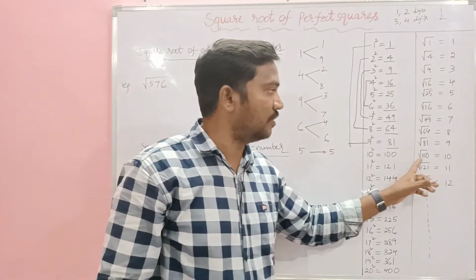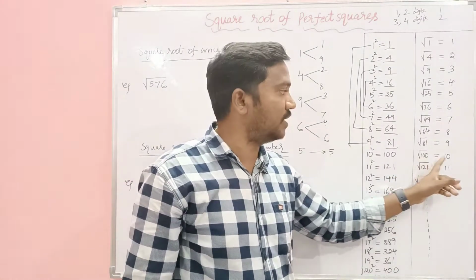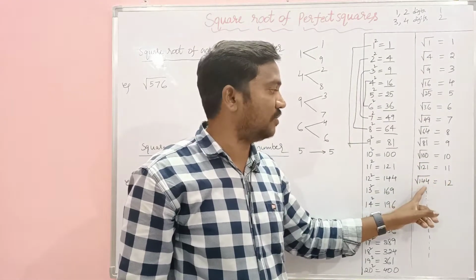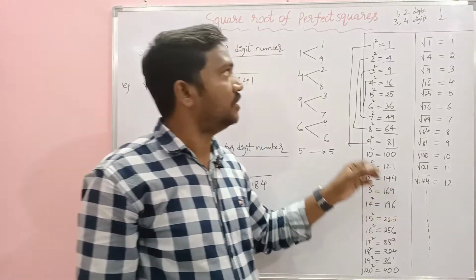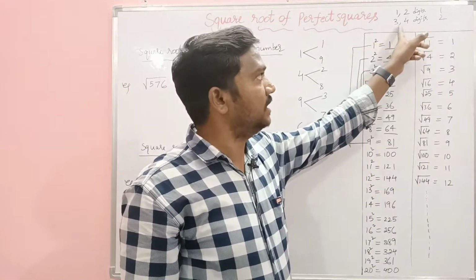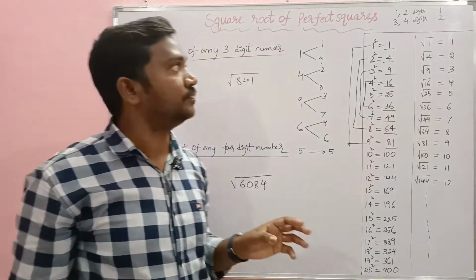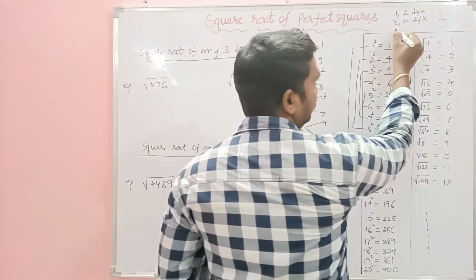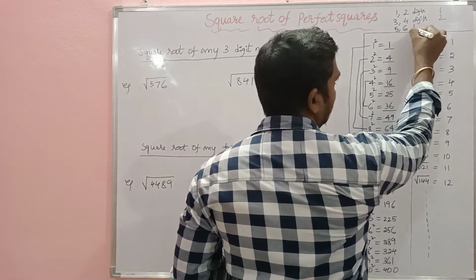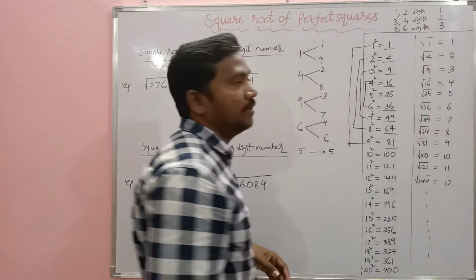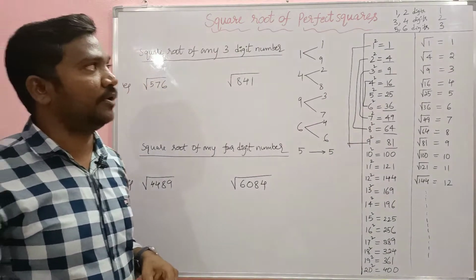See here, square root of 100 is 10, square root of 121 is 11, square root of 144 is 12. So square root of 3-digit and 4-digit numbers is a 2-digit number. Square root of 5-digit and 6-digit numbers is a 3-digit number. Remember that point.